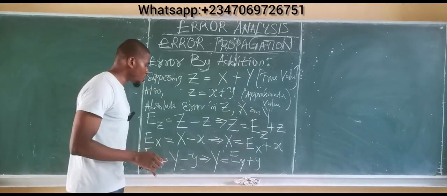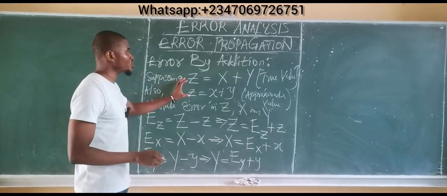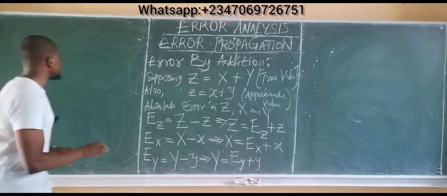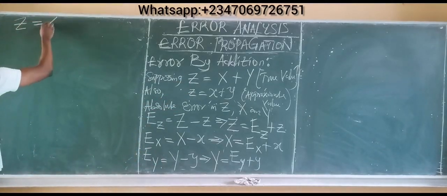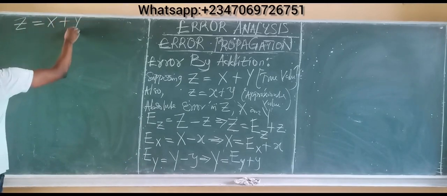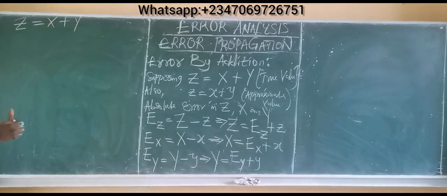Now let's plug all these values into this equation. We have that capital Z is equal to capital X plus capital Y, which are the true values.